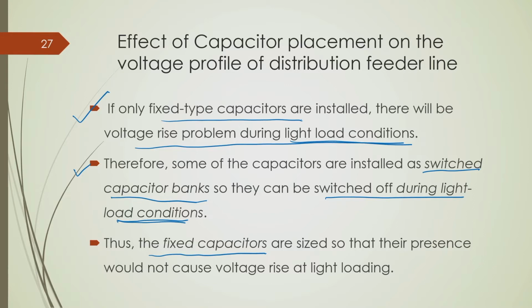Because as you know, capacitor switching is itself problematic, because it will cause transients in the network, it may cause over voltage. Okay. So, switching of the capacitor is something which the utilities try to avoid. But even if we keep all capacitors fixed, that is also problematic, in the sense that during light load condition, some of the consumers or some of the loads will experience over voltage.